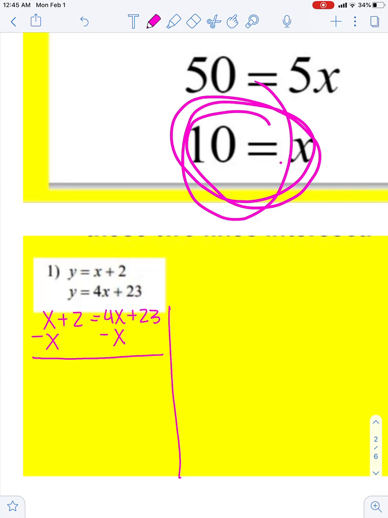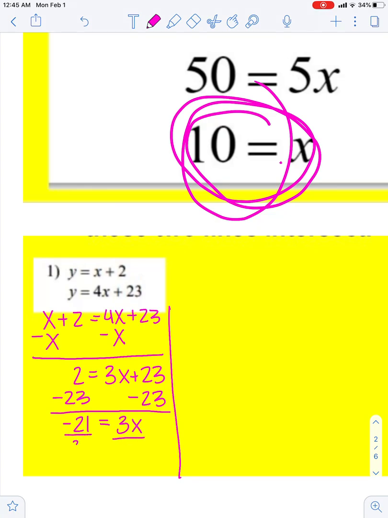And that's going to give me 2 is equal to 3x plus 23. Now I'm going to subtract 23 from both sides, and that will give me -21 is equal to 3x. I'll divide by 3 on both sides to get -7 is equal to x.